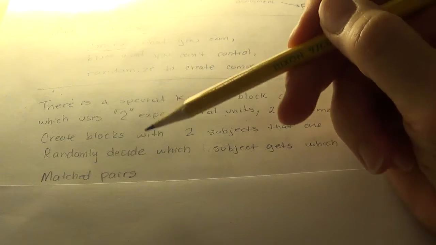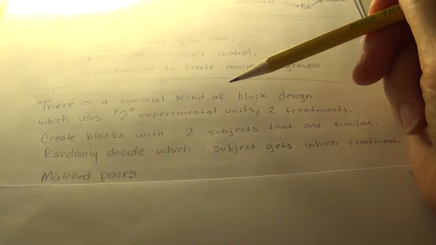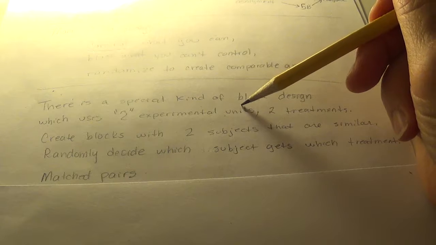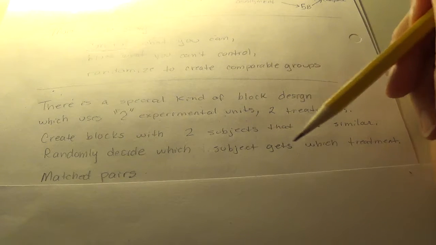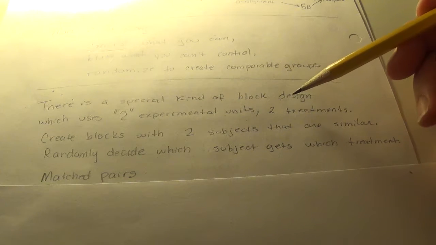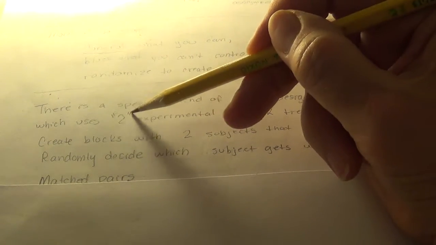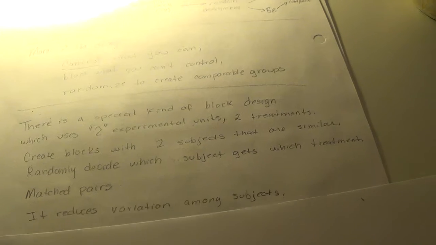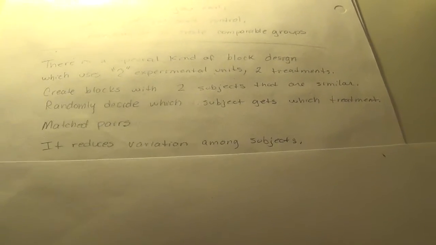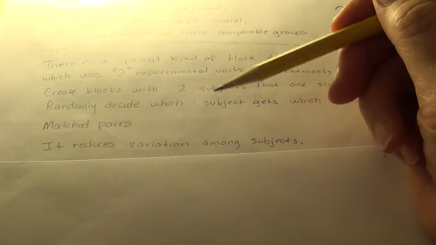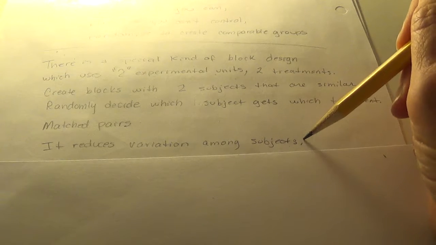So a matched pair is a form of blocking when there are only 2 persons in the block that are similar to one another, and they will get 2 treatments. I put this in quotes, and you'll see why in a second. So why do we do this kind of blocking? It reduces variation among the subjects.